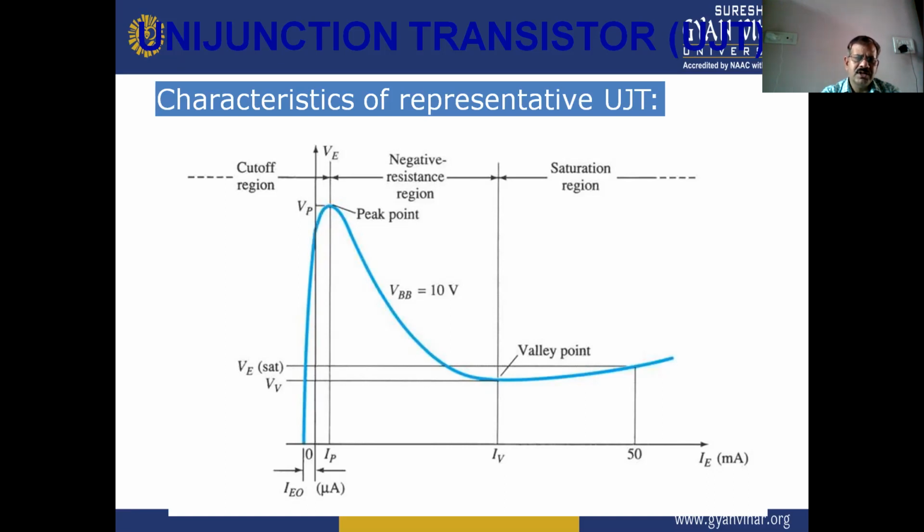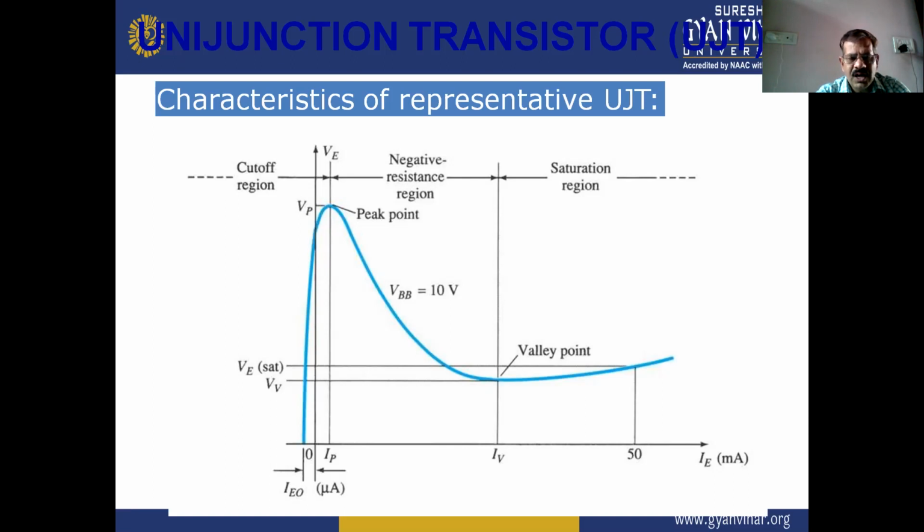First is the cutoff region, second is the negative resistance region, and third is the saturation region. There is a peak point where the voltage is VP, and with respect to this voltage the current is IP, and the second point in this graph is the valley point.